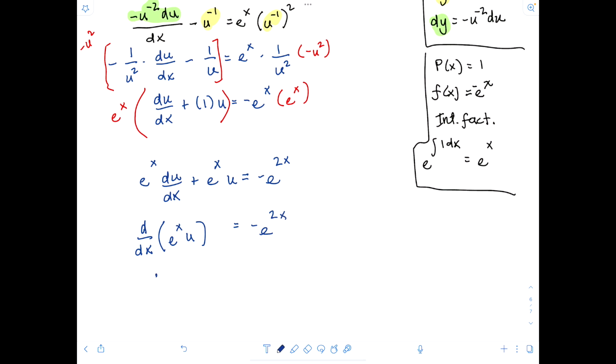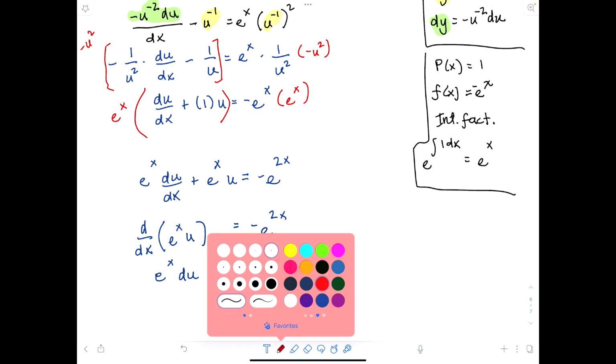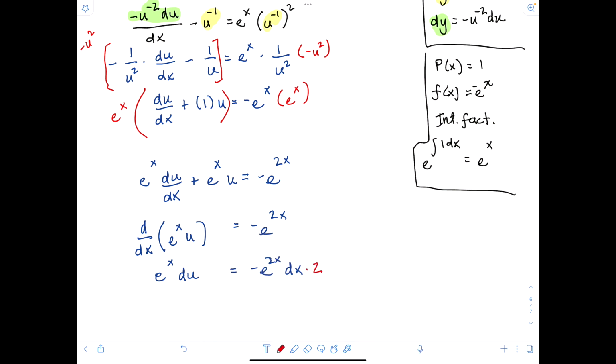Now, multiplying both sides by dx, we'll have e to the x du is equal to negative e to the 2x dx. Well, in order to integrate, I need a factor of 2, so I'll set that up here.